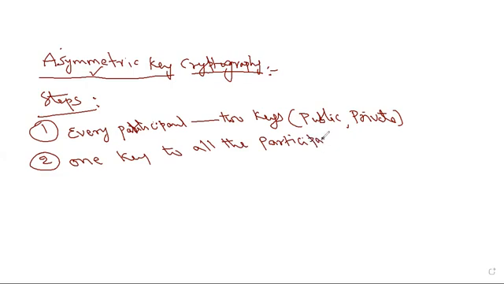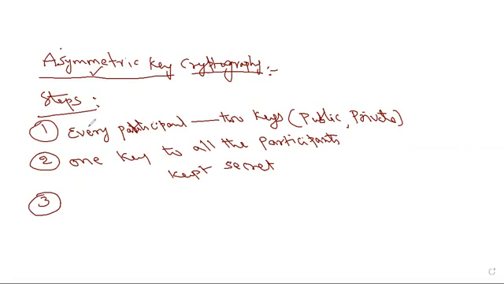The other key must be kept secret, and it is called the secret key. The secret key is known only to the respective person, and the public key must be sent to all the remaining persons. Every user's responsibility is maintaining all the remaining users' public keys.